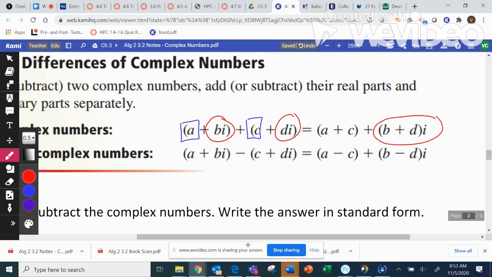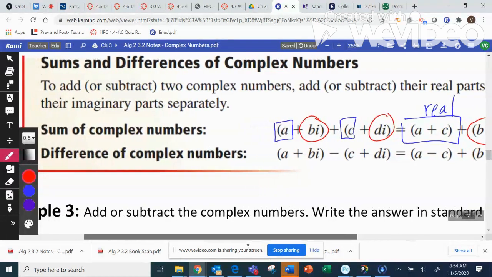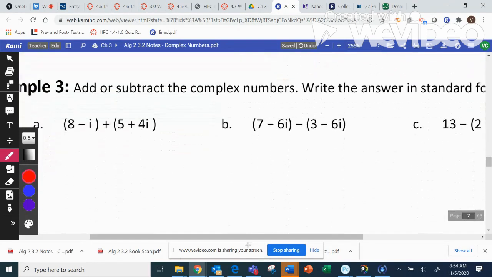See here, we're adding the b and the d, and we're adding the a and the c. You can't combine different kinds of terms. They're not like terms otherwise. So this is the same rule throughout all of math. In order to add, they have to be like terms.